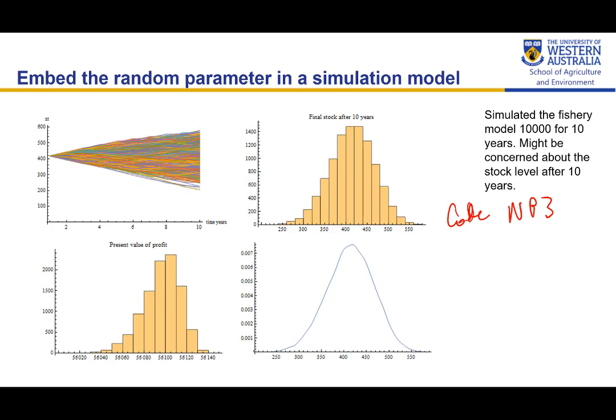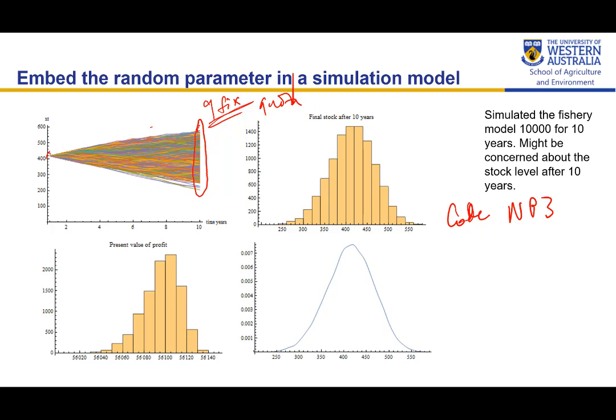So what we see is that as we simulate forward the fishery model, running through the difference equation for growth and catch, and we've set Q at some fixed value which is meant to be simulating a quota, then this generates a distribution of stock levels that becomes wider and wider through time.